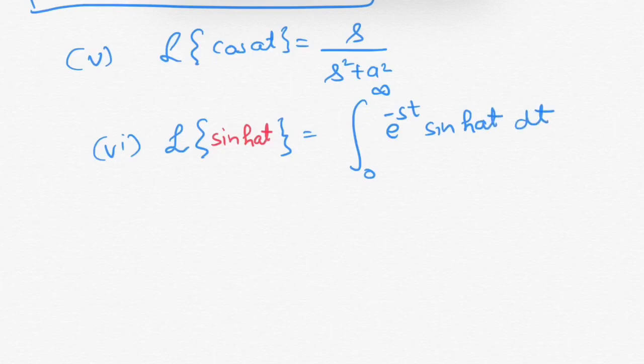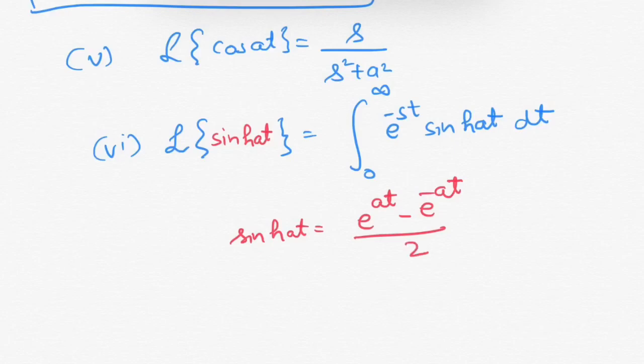Okay, and we know that sine hyperbolic at equals e raised to power at minus e raised to power minus at over 2. Now substitute this value of sine hyperbolic at into this equation.